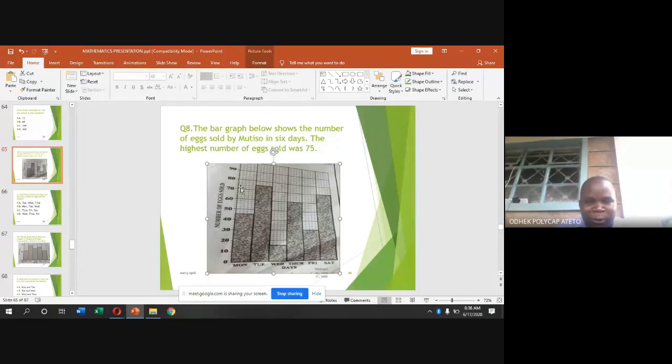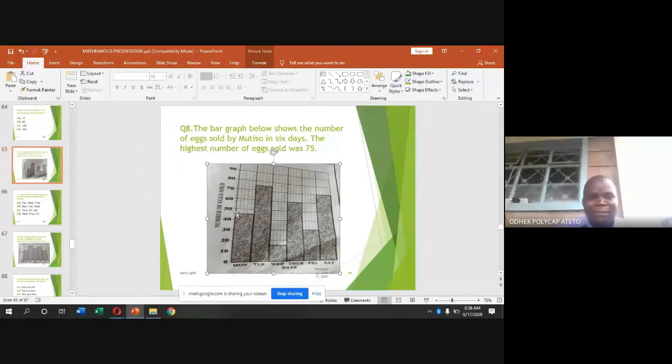So how do I get the scale for the vertical? How do I get the scale for horizontal? You just check from 50 to 60. One box in a graph is 1 centimeter. So can somebody write for me the vertical scale in that graph that we have there?